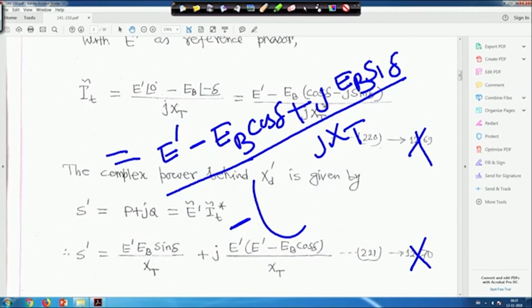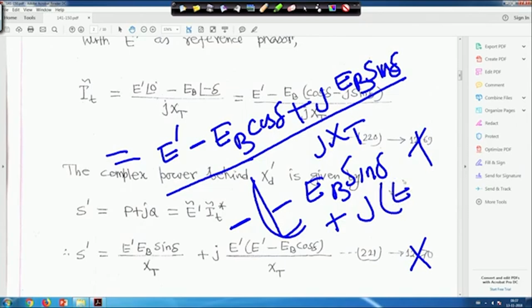This one, if you multiply by j, it will be j square, so it will be minus E_b sin delta, and then plus j (E' minus E_b cos delta). You just multiply numerator and denominator by j.